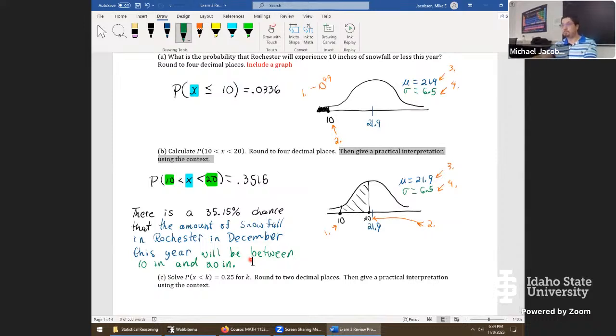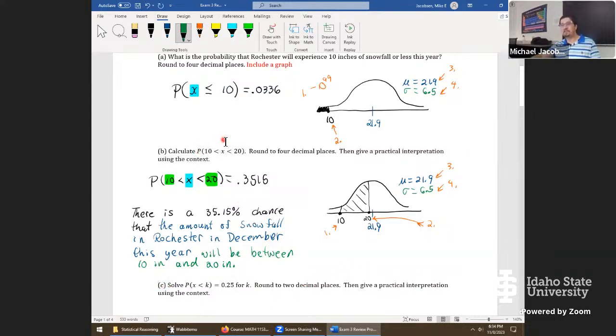Okay, now we go over to part C. Well, what I said before, with these functions, if the probability statement is given, then you're probably going to do a practical interpretation. Definitely happens on this one here. But this problem is bizarre in a certain sense. On everything we've been doing, we've been tasked with finding the probability. The moment they give us a probability like this, here's when we're going to use inverse norm.